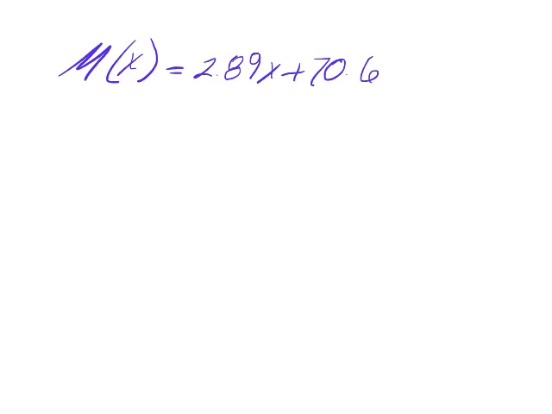Okay, one more example, page number 98. Example 6. An anthropologist can use linear functions to estimate the height of a male or a female given the length of the humerus, the bone from the elbow to the shoulder. The height in centimeters of an adult male with a humerus of length x in centimeters is given by the function M(x) equals 2.89x plus 70.64, and the function for a female, f of x, would be the female.